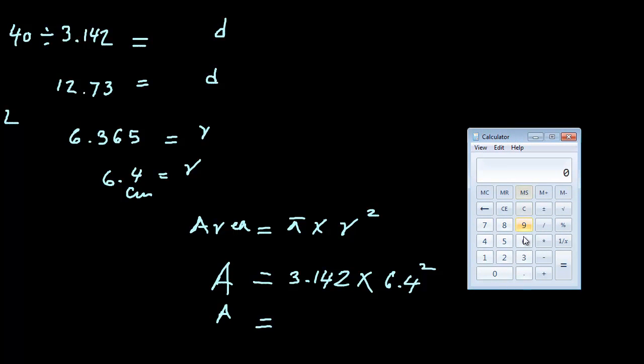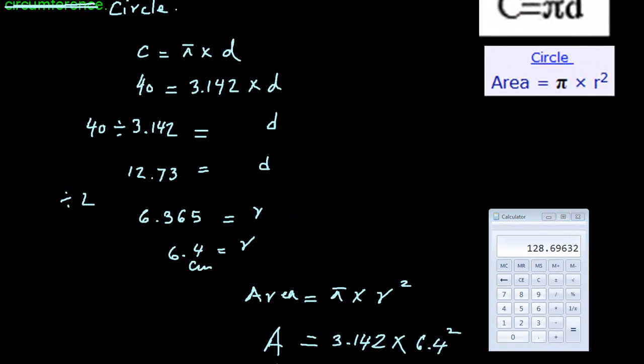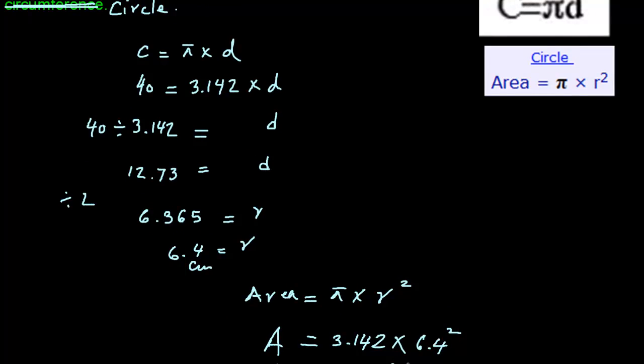The square of 6.4 is 6.4 times itself, which gives me 40.96. When I multiply it by the pi value, 3.142, that makes 128.69, which is 128.7 centimeters squared up to one decimal place.